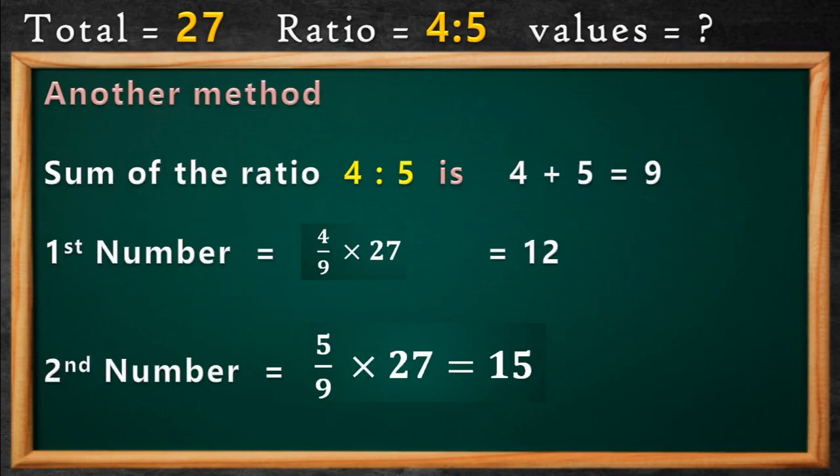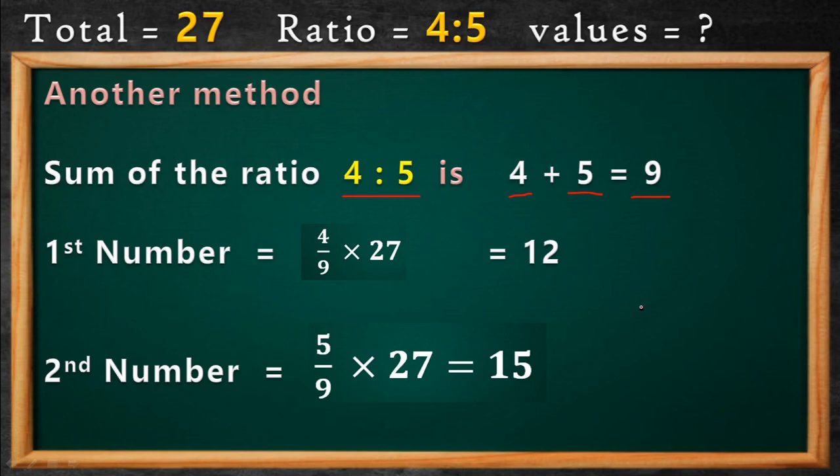In the second method, we just need to find the sum of the ratio. The ratio is 4:5. We have to add the antecedent and the consequent, and we will get the sum of the ratio. Now how to find the numbers?